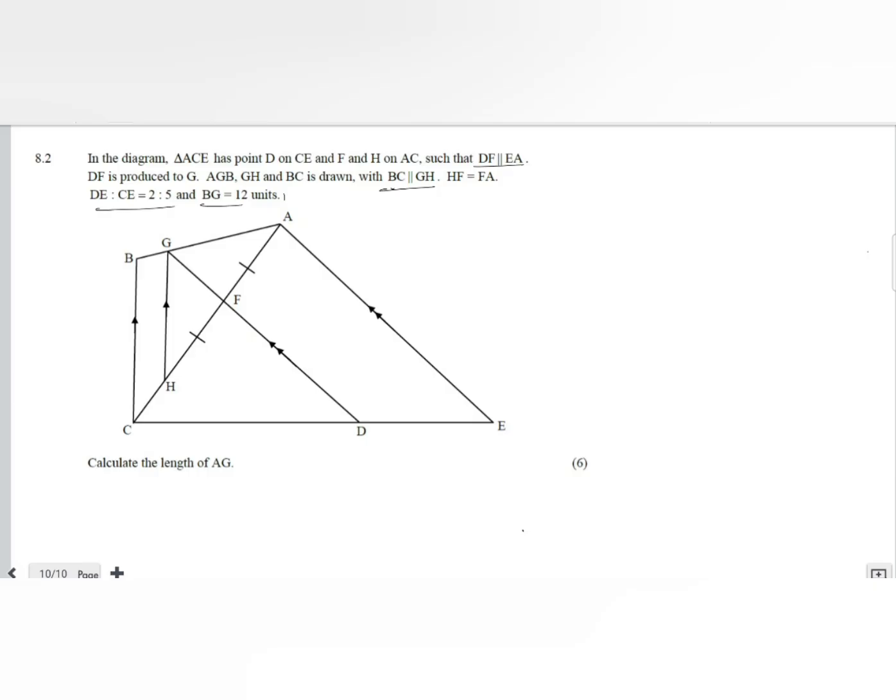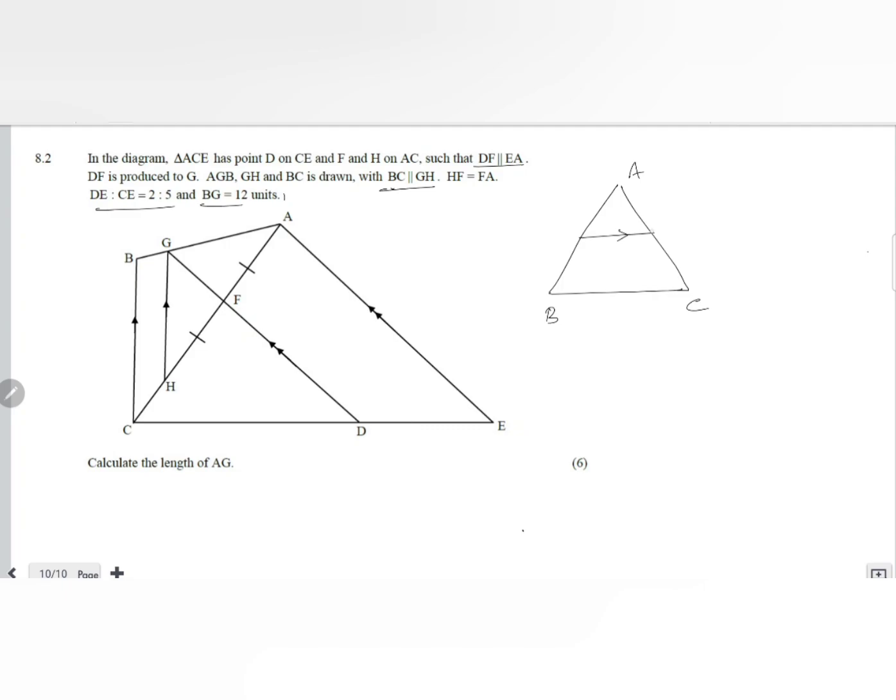What is the proportionality theorem? In a triangle ABC, take 2 sides and draw a line parallel with the third side.